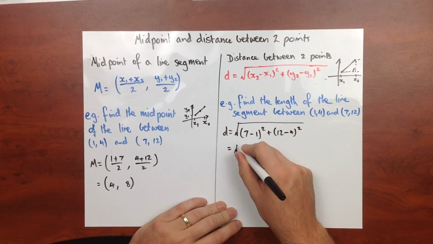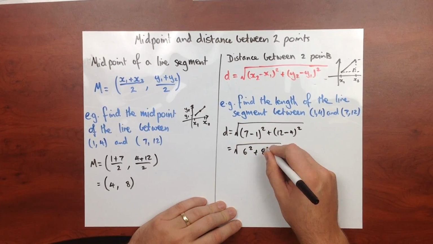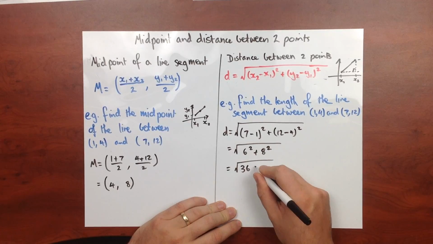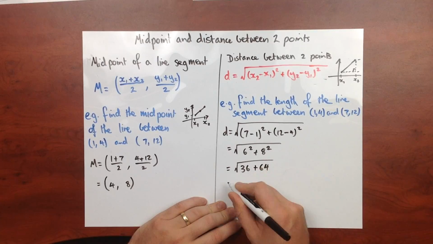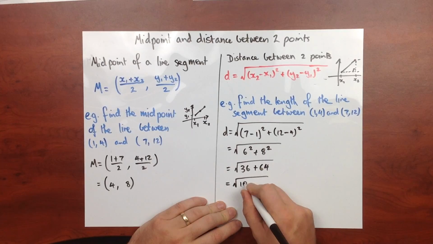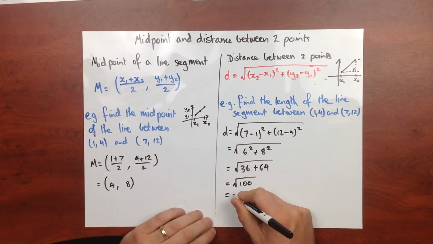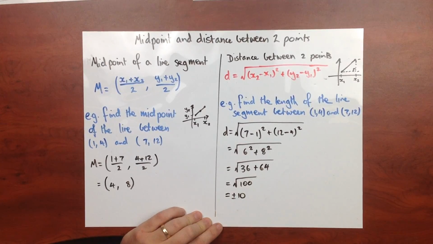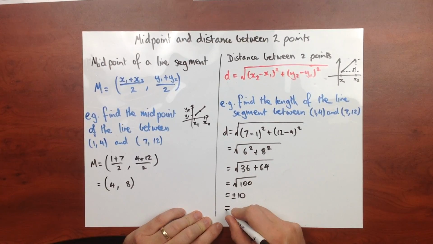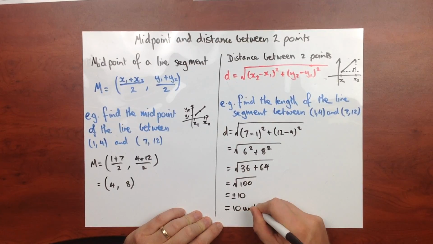So that's going to be the square root of 6 squared plus 8 squared, which is 36 plus 64. It's going to be the square root of 100. So our distance is going to be, now we've got to be careful here, because the square root of 100 is plus or minus 10. Our distance is only ever going to be positive, so it's going to be 10.